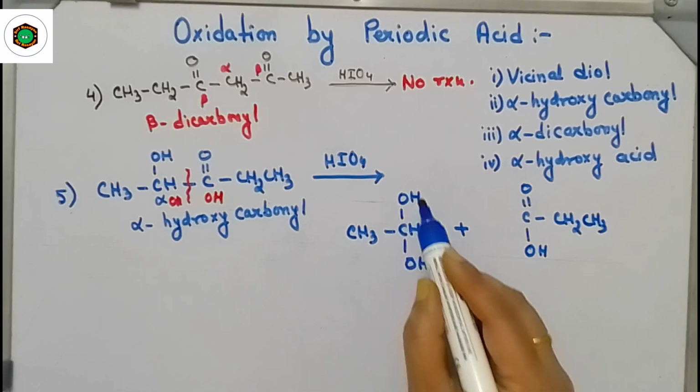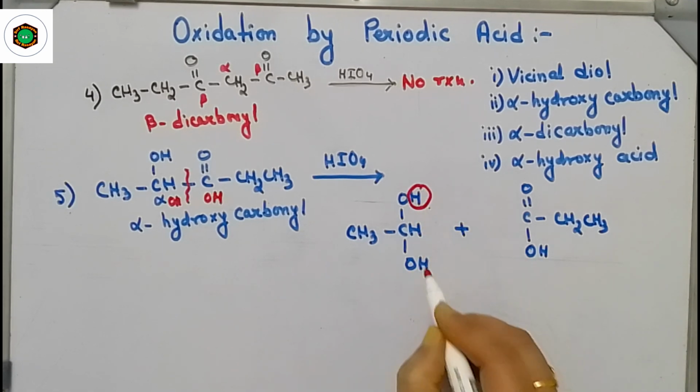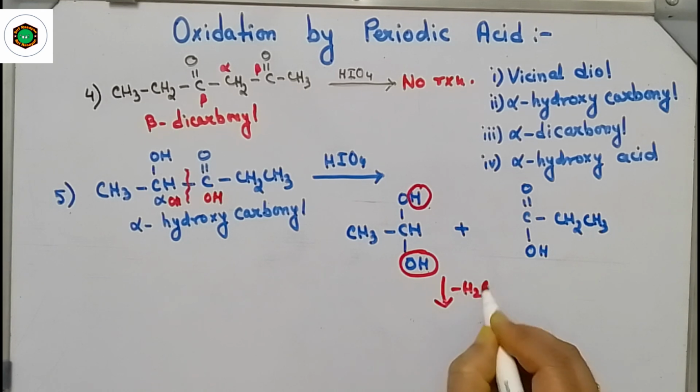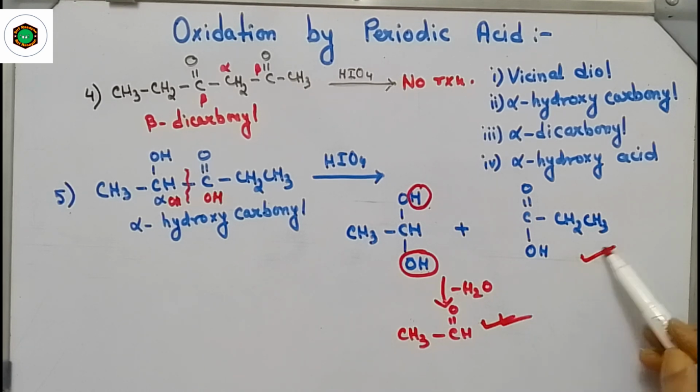So with one carbon, two OH not stable. So removal of water will take place. From here H and from here OH will go, and by removal of water we will get here CH3 CH double bonded O, means acetaldehyde. This is one product and this is another product, this acid.